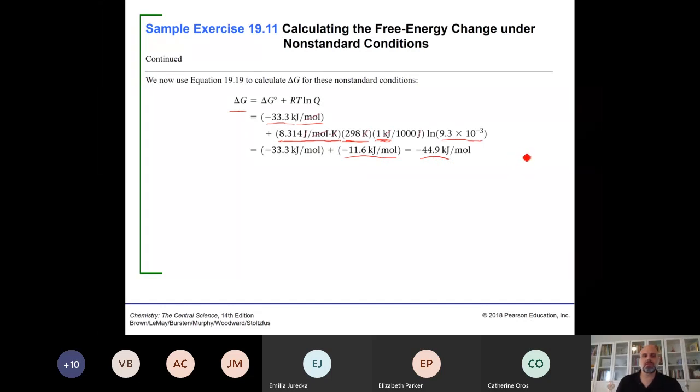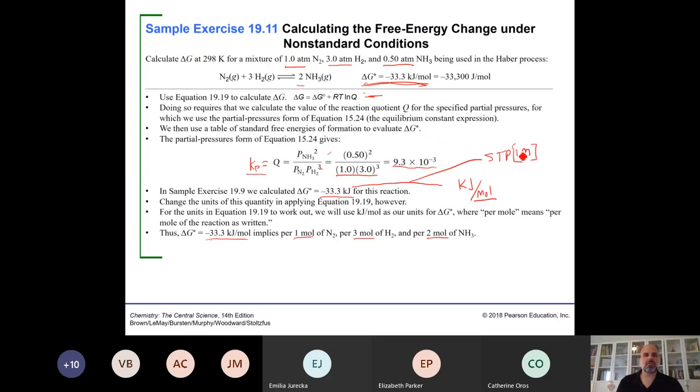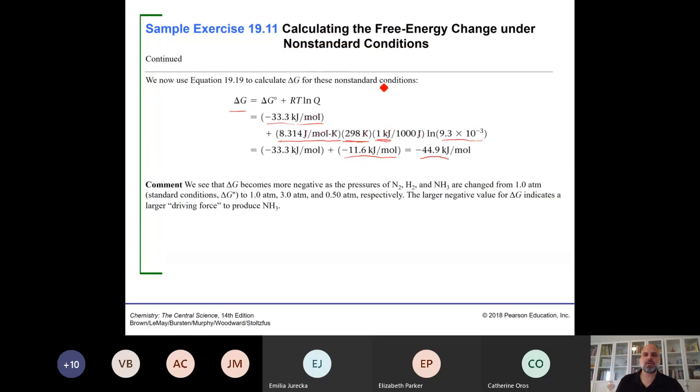Let's go back to the question. The question is about calculating delta G for the non-standard conditions, non-standard being that we don't have standard pressures. We were able to calculate under those non-standard conditions and see that we have a more favorable condition.